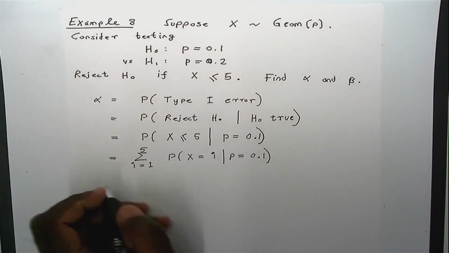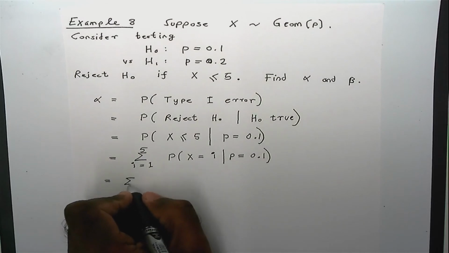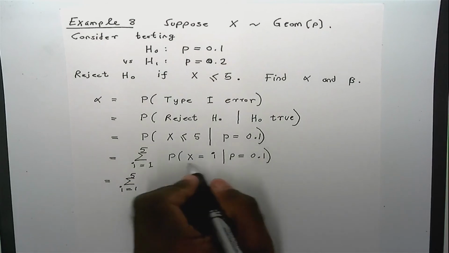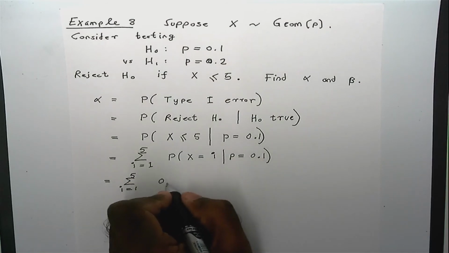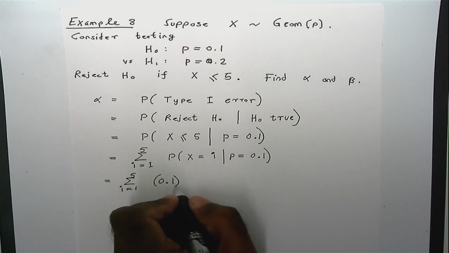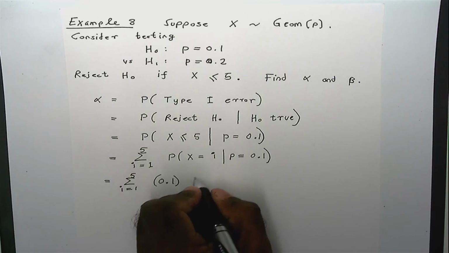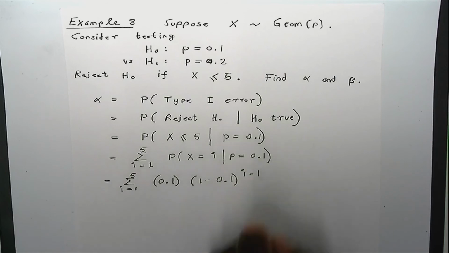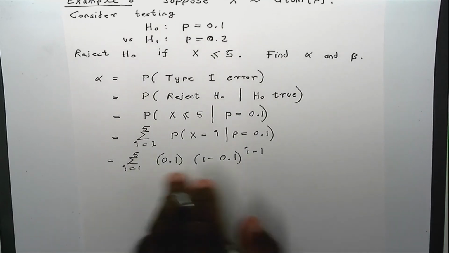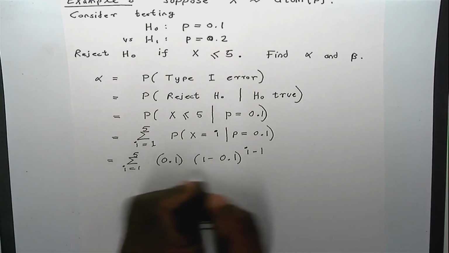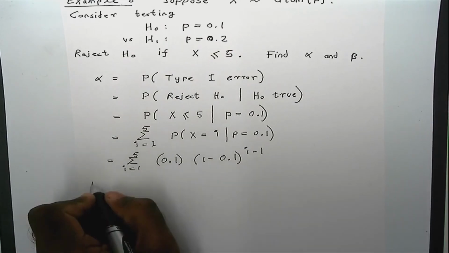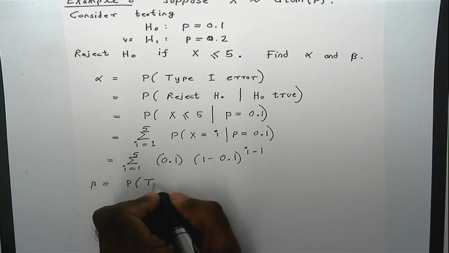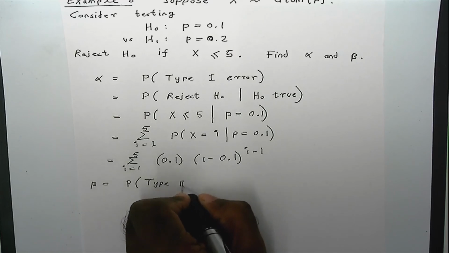So this is equal to the sum of the probability mass function of a geometric variable, which I'm sure you know is p times 1 minus p to the power i minus 1. If you have a calculator you can simplify this, so I will leave it like this for the moment. Now the second thing we want to find is the probability of type 2 error.